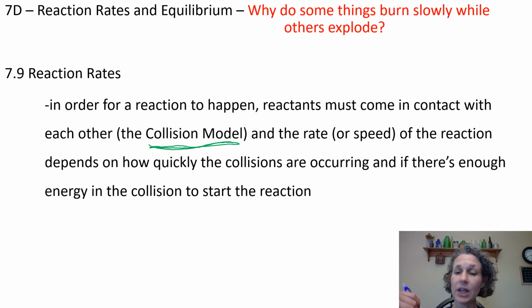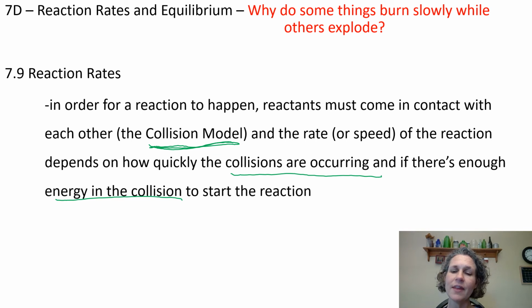They actually have to collide, and they have to collide with enough energy to react. The rate of the reaction depends on how quickly the reactions occur, and, like I said, if there's enough energy to start the reaction. Molecules have to hit pretty hard in order for anything to come out of that reaction. And that's the collision model.